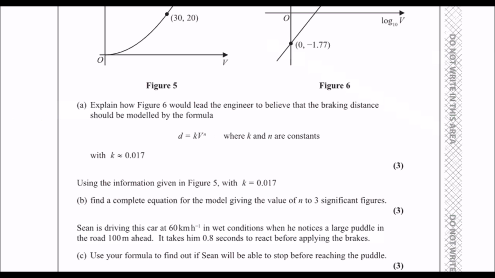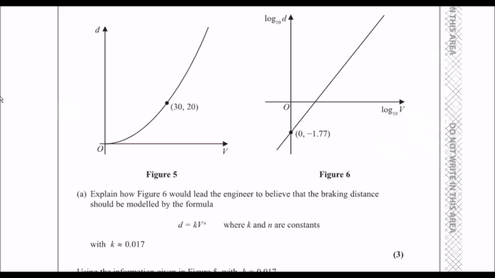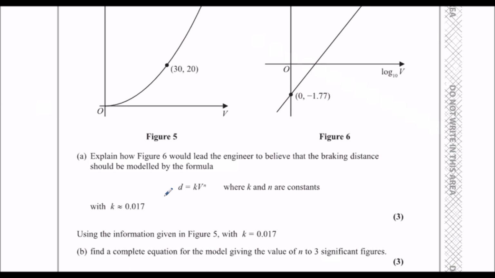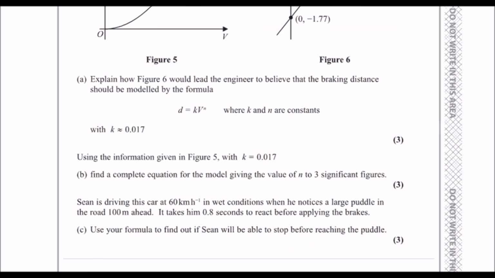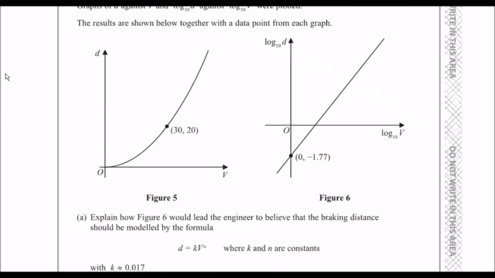So let's take what we're given here. d equals k times v to the power of n.